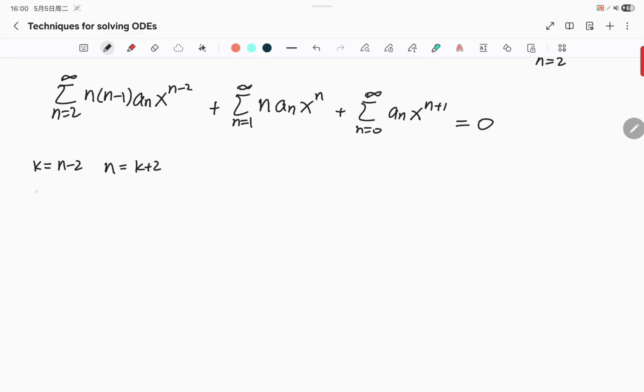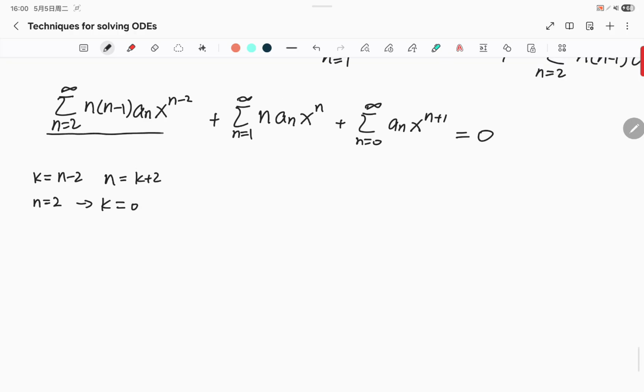So when n is 2, my k is 2 minus 2, 0. That means series 1 is going to start from k equals 0.